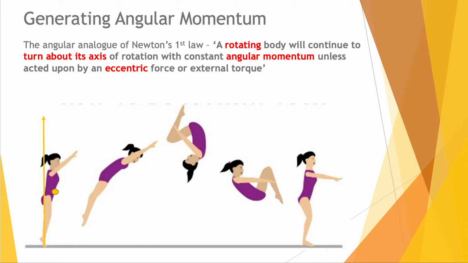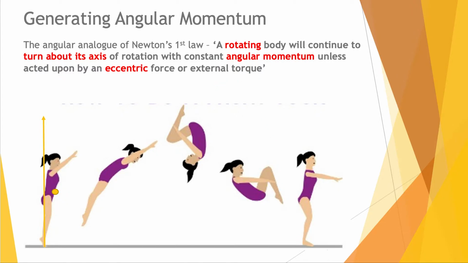This gymnast is going to continue to rotate. So a rotating body, the gymnast, will continue to turn about its axis of rotation, in this case the transverse axis, with a constant angular momentum. Her angular momentum will not change throughout the whole of the somersault until an eccentric force or external torque is applied, until she hits the floor.